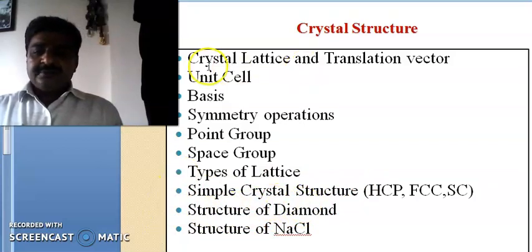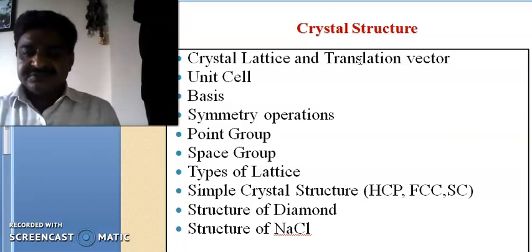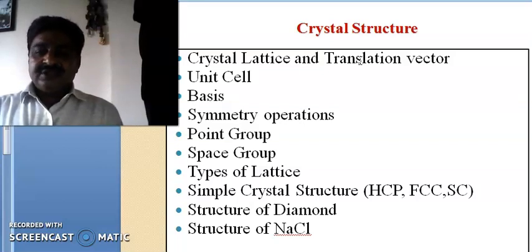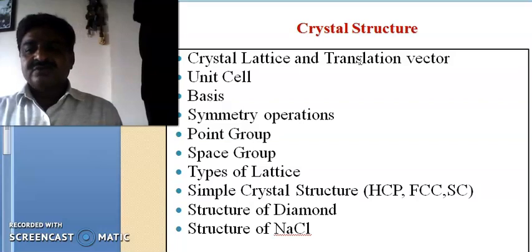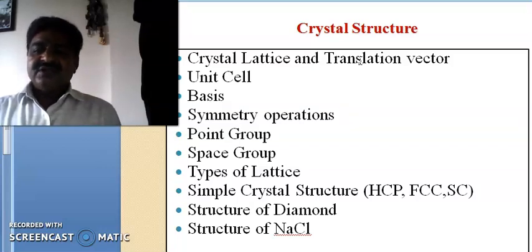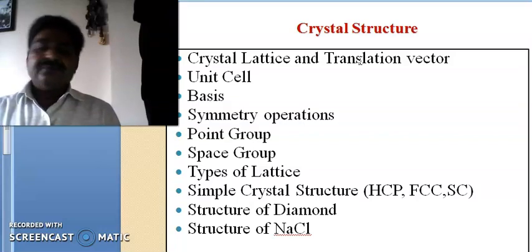So at this point you remember only this: solids are substances having definite shape and definite volume. I mean, the constituents of solids are arranged in a particular fixed way, and solids belong to the condensed state of matter. Solids as well as liquids belong to the condensed state, and the remaining gases belong to the gaseous state of matter.